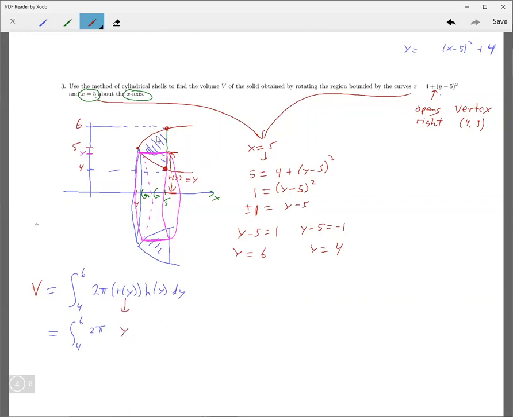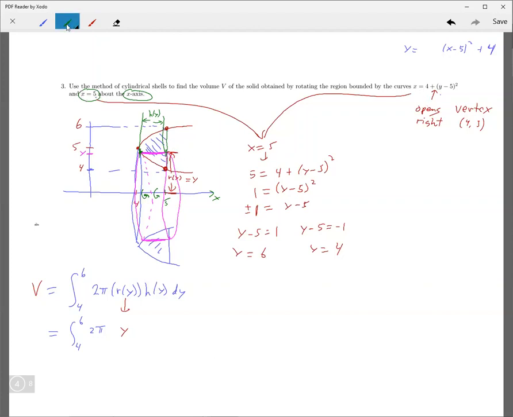And then h of y will be this distance here, from here to here. This is a point on the red curve, by the way, and this is a point on this line here.